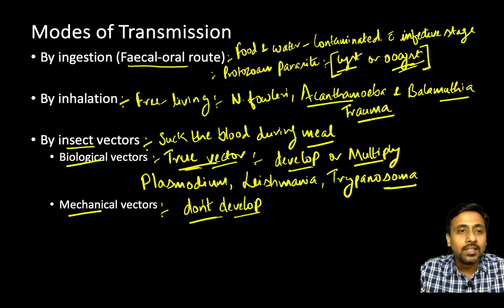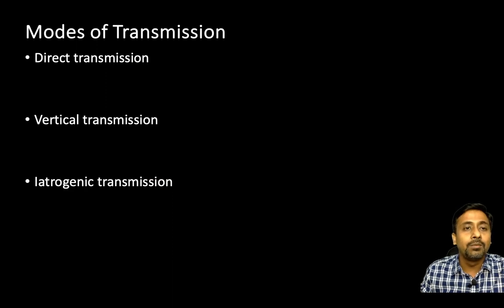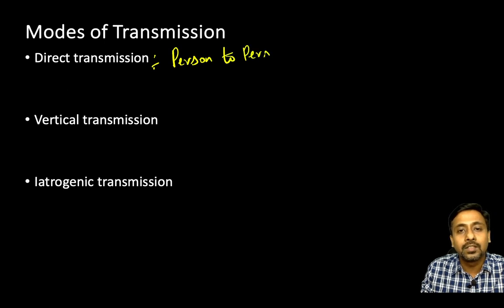Now the next different modes of transmission. Direct transmission means transmission from person to person, and this can occur either by kissing or by sexual intercourse.